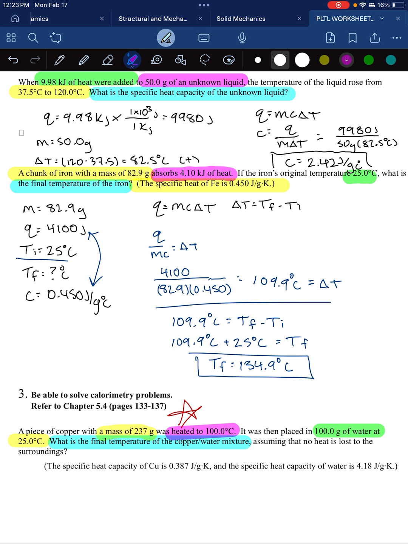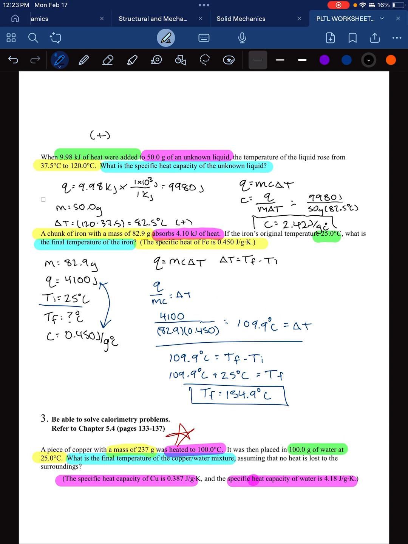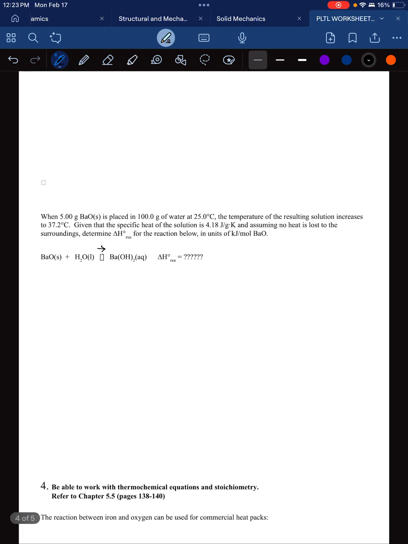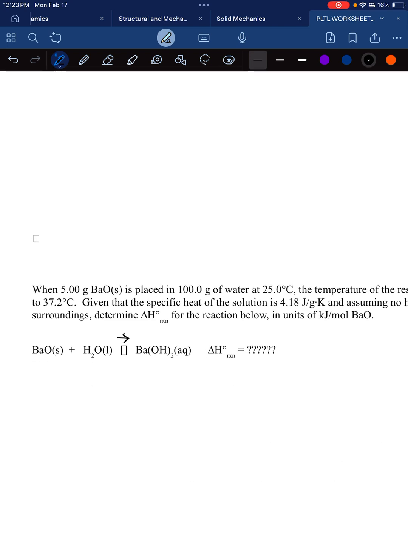Okay. And it gives us the specific heat capacity of copper, but also the specific heat capacity of water. Okay, so that's everything it gives us. I'm going to go ahead and move all these variables to the next page because of the way GoodNotes works.